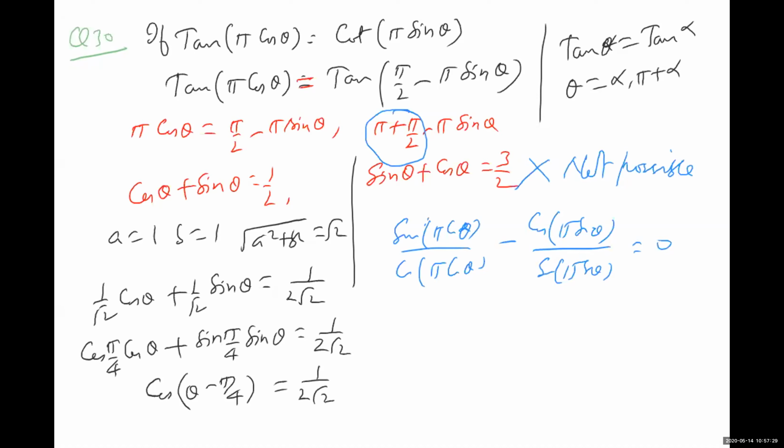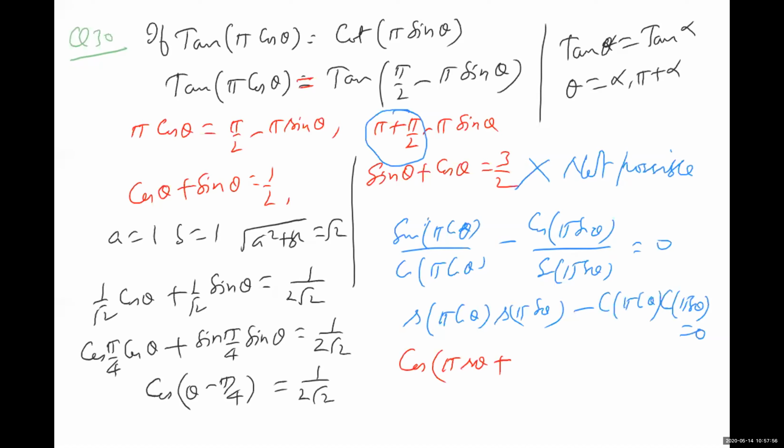So then you can write sin(pi cos theta) sin(pi sin theta) minus cos(pi cos theta) cos(pi sin theta) is equal to 0. So from here you will get this is cos A cos B minus sin A sin B is cos of A plus B. So pi sin theta plus pi cos theta is equal to 0.